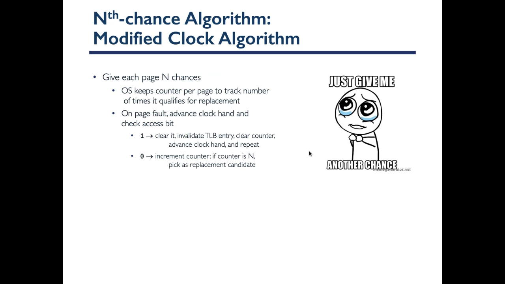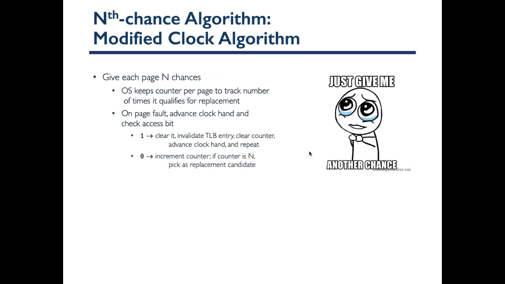The idea is that with the clock algorithm, you're giving each page 1 chance. So if your access bit is not set, that means that you're my candidate, I'm going to evict you. With the Nth-chance algorithm, we give every page n chances. So the operating system keeps track of the number of times that each page has qualified for replacement.